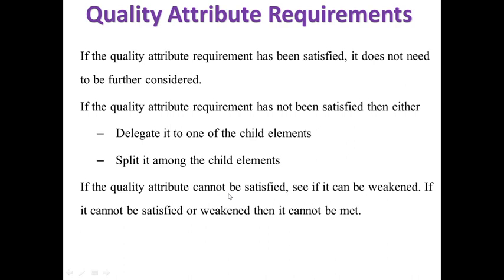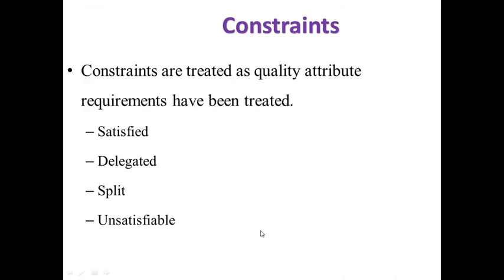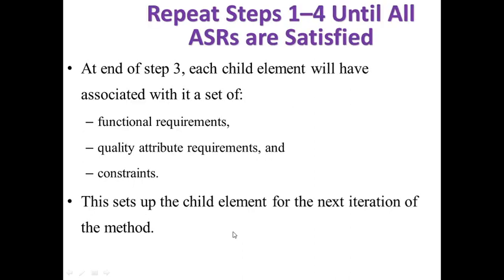If the quality attribute cannot be satisfied, you can decide that it is a weak one, so it cannot be met and you cannot identify a solution. What about constraints? Constraints are treated the same way as quality attribute requirements: either satisfied, delegated, split, or unsatisfiable.